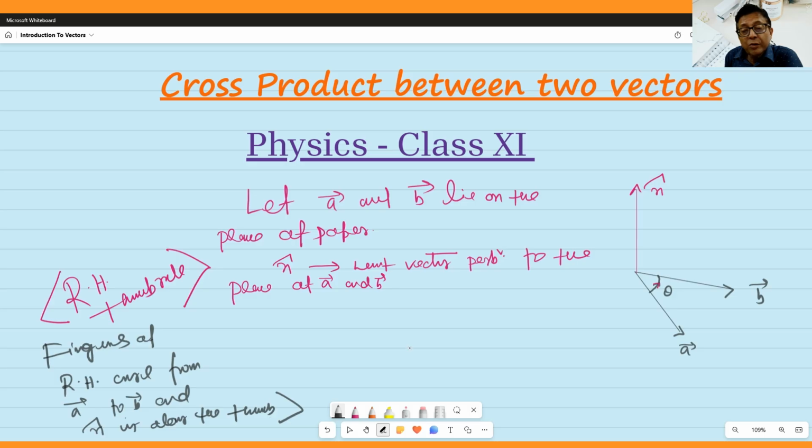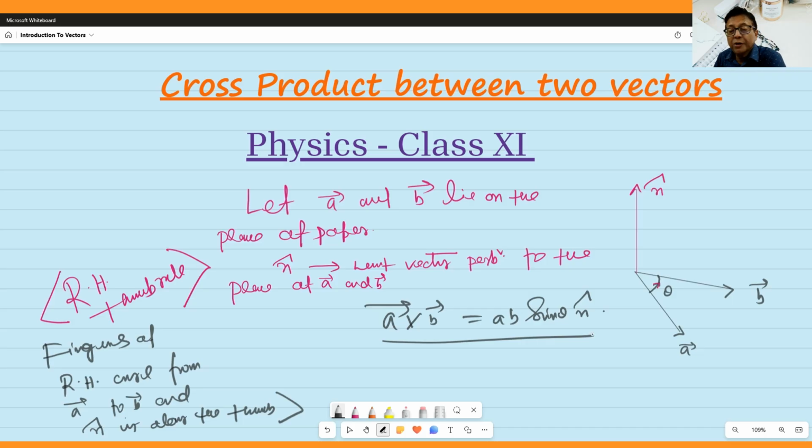Now, what is A cross B? Cross product is A cross B. How do you define it? It is defined as A cross B equal to AB sin theta n cap. This is the definition of cross product.